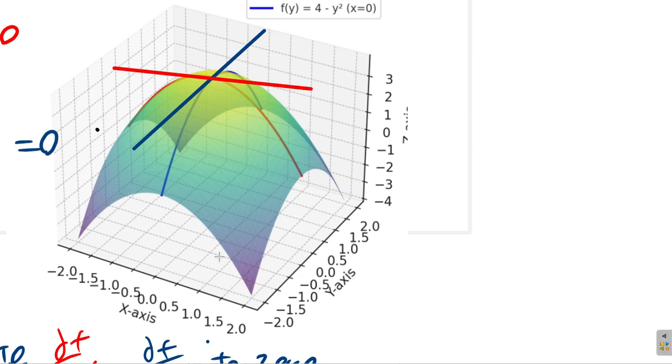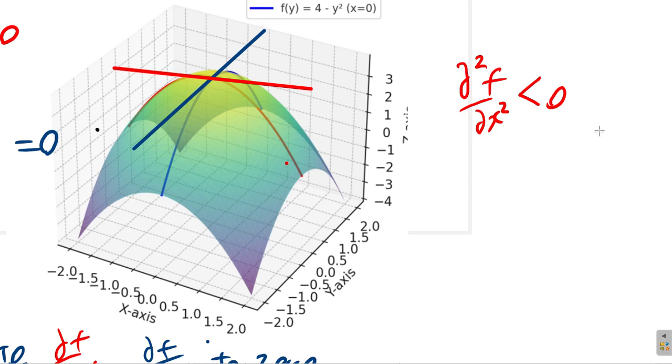Here what you have is that if you take the second derivative and say delta square f by delta x squared, in this particular case it would be less than 0, right?